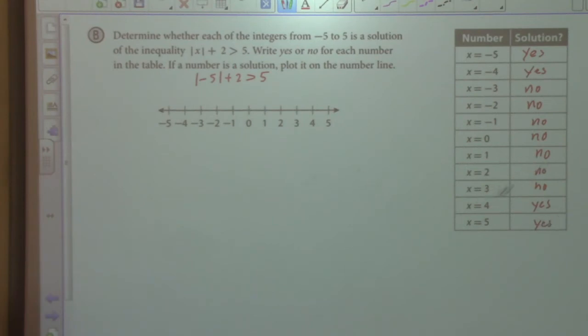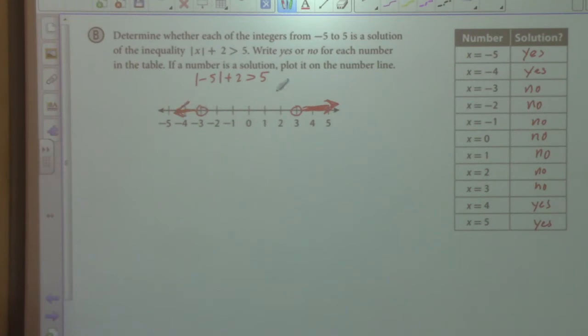But do you notice that our boundary points are still the same, which would be the -3 and +3? That's a boundary point, and that's a boundary point. But which way are we drawing the arrows now? To the outside. And this is symptomatic of an inequality expression that is greater than.